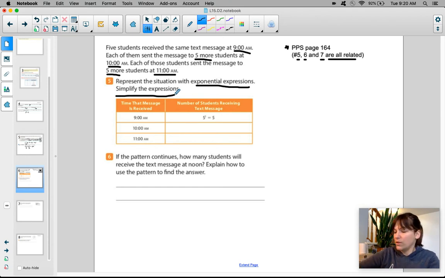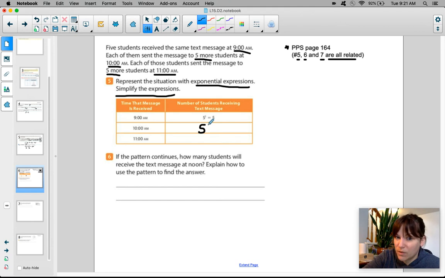So we should have recognized that the first time was just that 5 people got the text message. Okay, so this is like a phone tree on text messaging. Then at 10 o'clock, those 5 people sent it to 5 more.